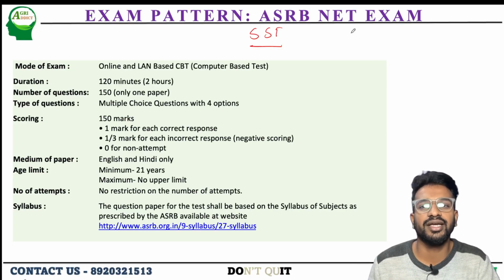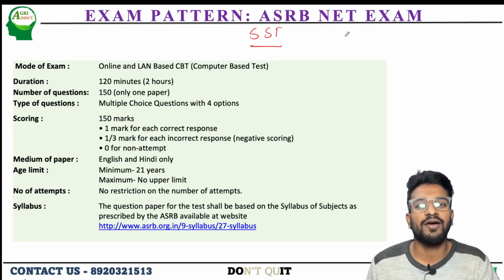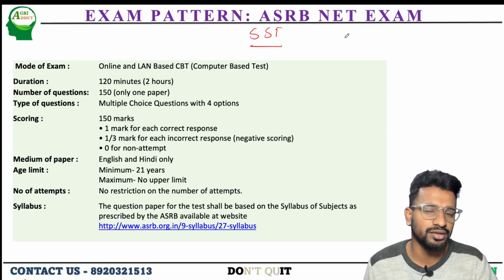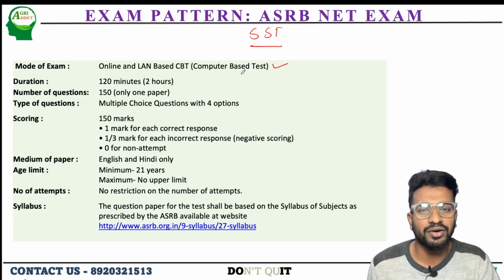So firstly, what is this ASRB NET? The ASRB NET is a national level eligibility exam, after cracking which you will be eligible to apply for the assistant professor post in various universities in India. It will be a computer based exam, and the total duration would be 120 minutes or 2 hours.